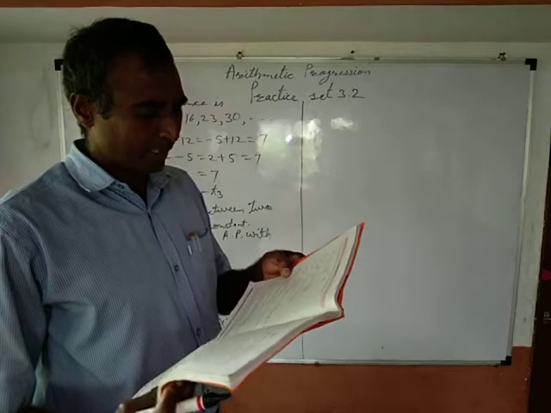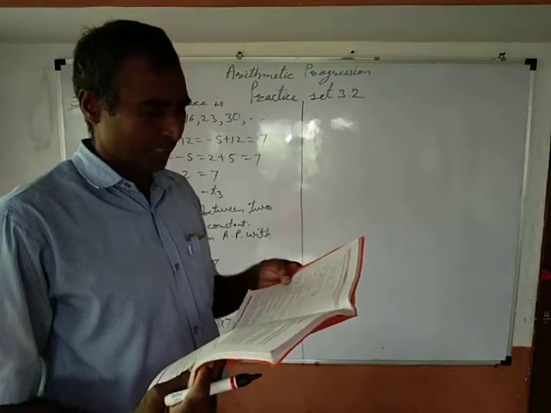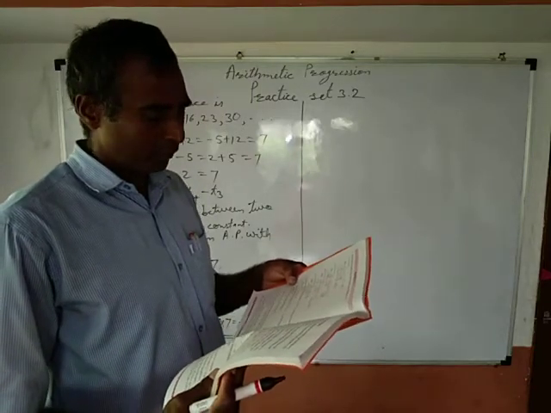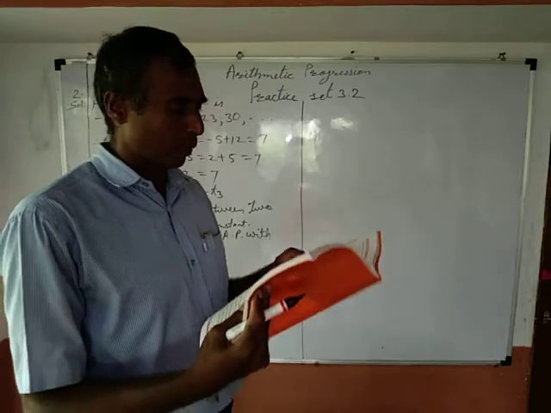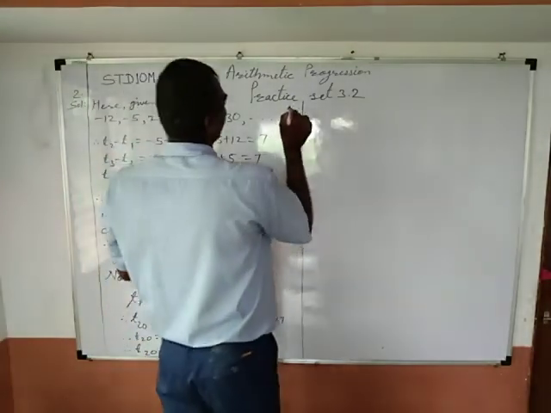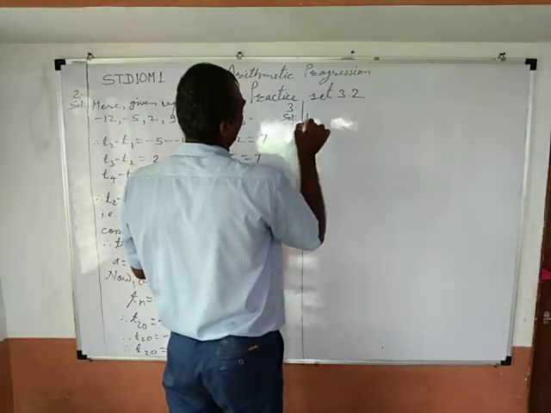Given arithmetic progression 12, 16, 20, 24, find the 24th term of this progression. Question 3, solution.